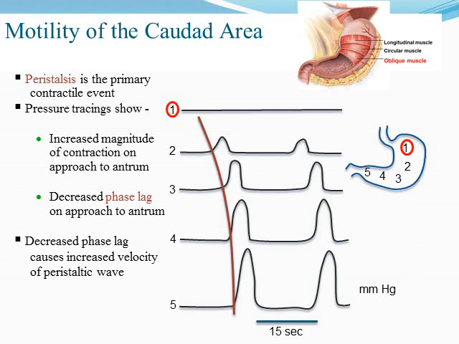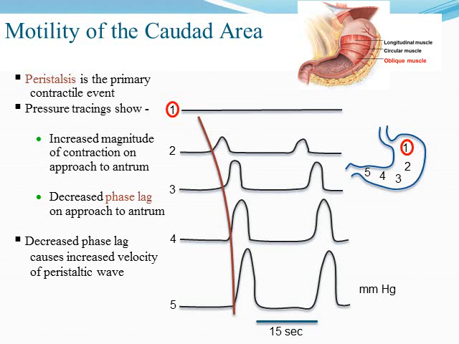Okay, so again, we see changes in the pressure in these different areas to allow for this movement of food from the orad, from the upper part, down into the caudad. And as this says, peristalsis is an important part of this. So you're going to have these wave-like movements creating contraction of the muscle that is going to create pressure within these different areas of the stomach.